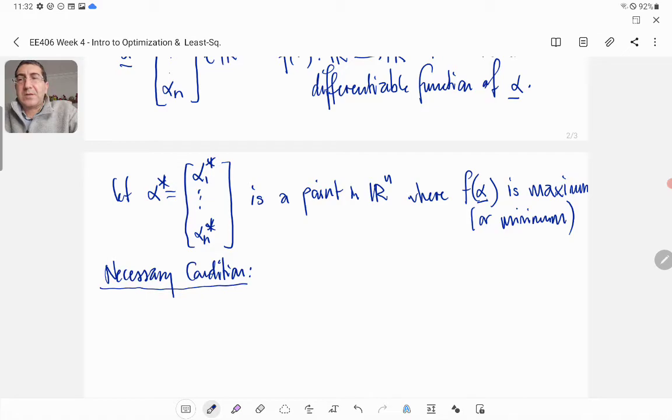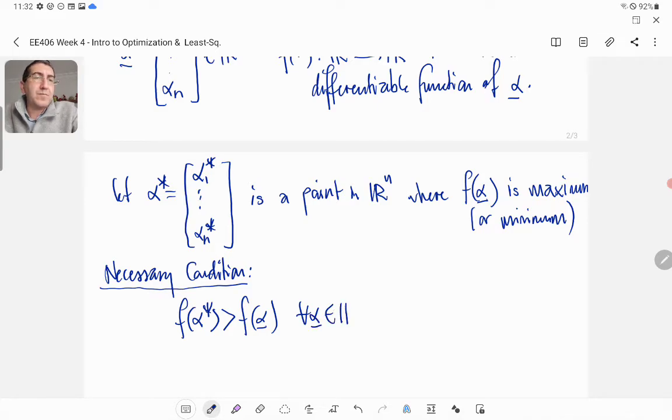is a vector equation. So if f of alpha star is larger than f of alpha for all alpha in the domain, this implies that you have in fact the derivative of the function with respect to each one of the variables evaluated at that point in Rn.